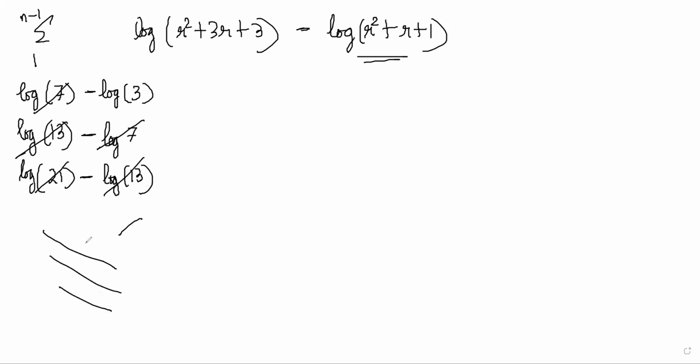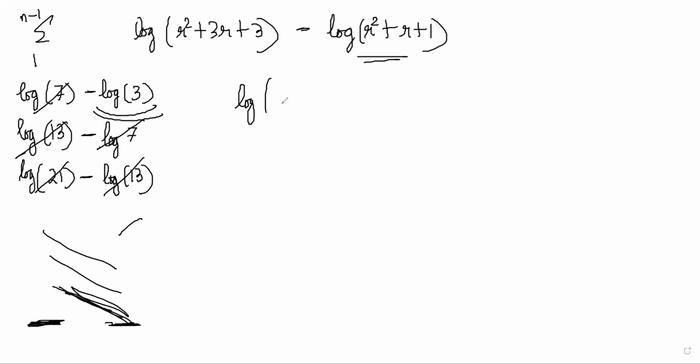So eventually what you should have is when you put n minus 1, right? First term will not be cancelled of that last one, right? Because the last term, this one will get cancelled, right? And the second term or first term is not getting cancelled, right? You understand what is happening? So let's write the n minus 1 term.